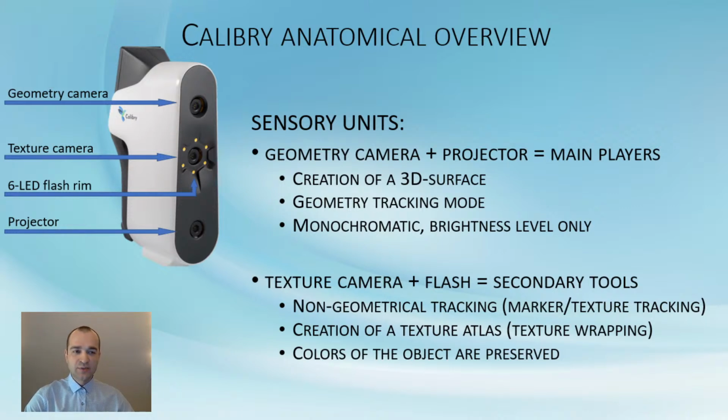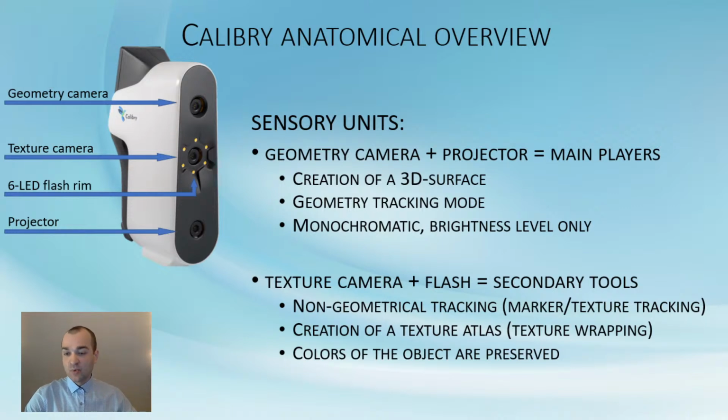So we do not really need color for making a 3D model, but if we need this shrink wrap of color, this texture wrapping of the model, we use this texture camera to create this colorful image of our model. It is also used for non-geometrical tracking when we use marker or texture, for example, as a tracking mode, but that's a completely different story.